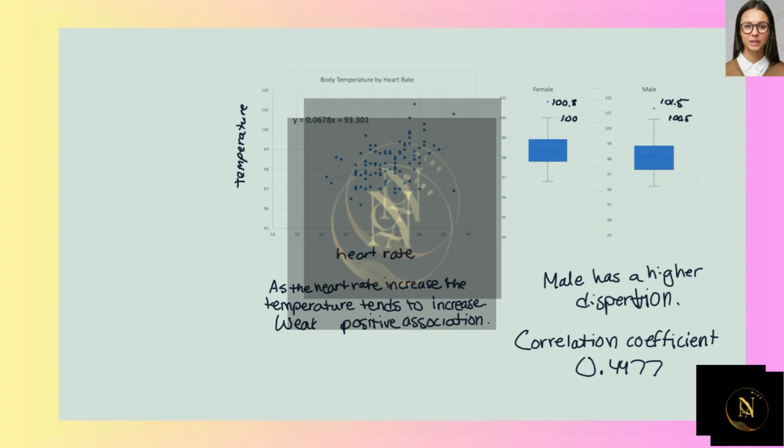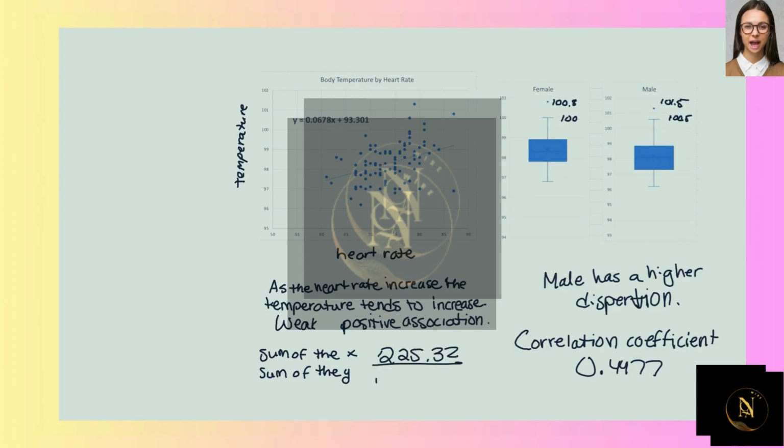And how I found that is you take the sum of the x's, which is the heart rate, then you take the sum of the y's, which is your temperature, and you find the mean of both of them. Then what you have to do is take the x and y combined of their sums and square them, and you got 225.32 by doing that.